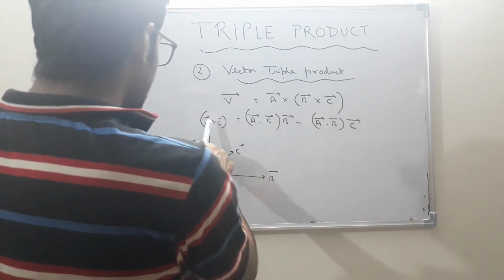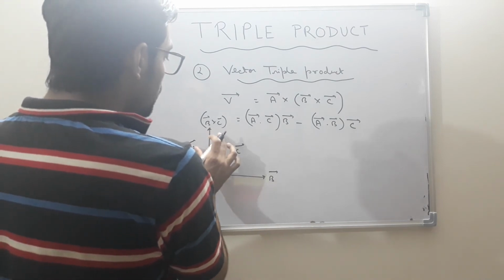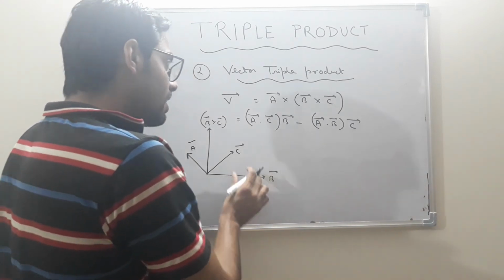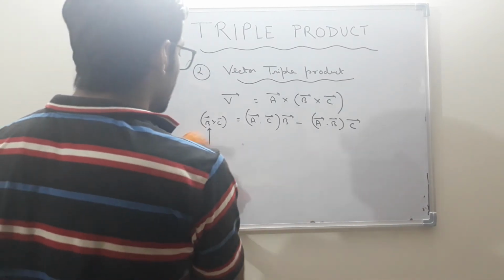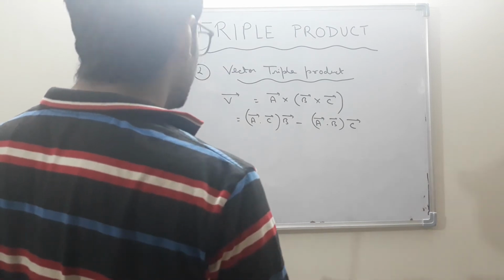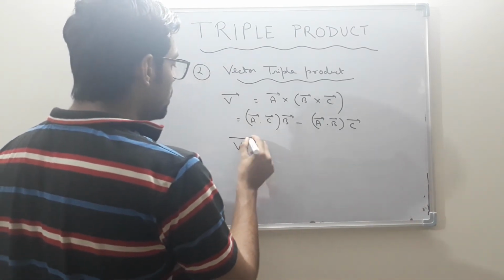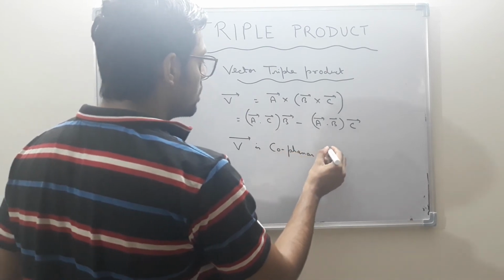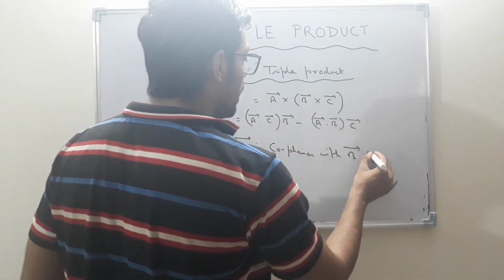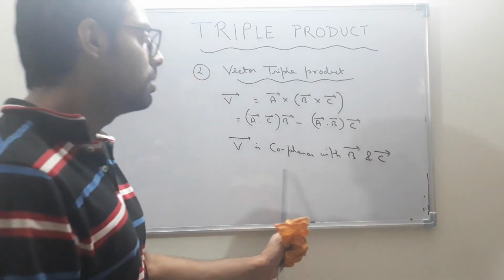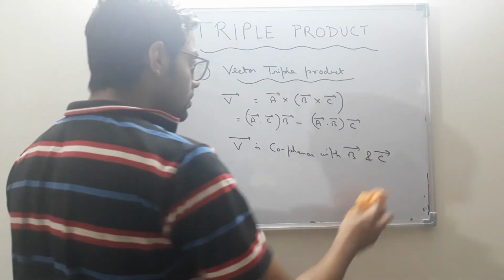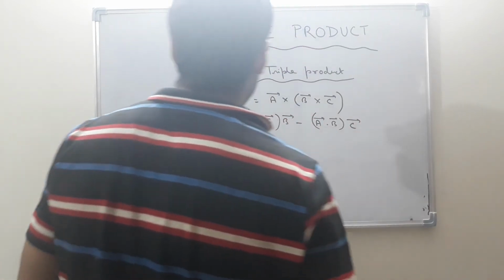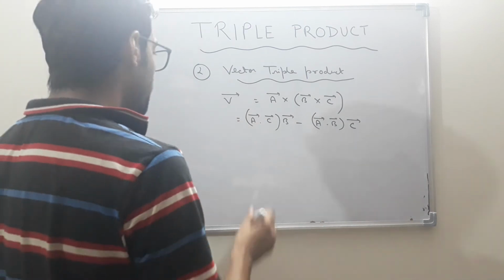So finally we are doing A cross B cross C, and the resultant vector triple product V vector is coplanar with B vector and C vector. So it is coplanar with B vector and C vector. It is the important conclusion which is drawn from this vector triple product.